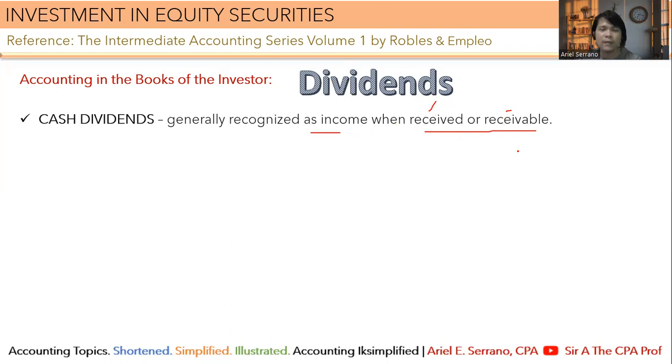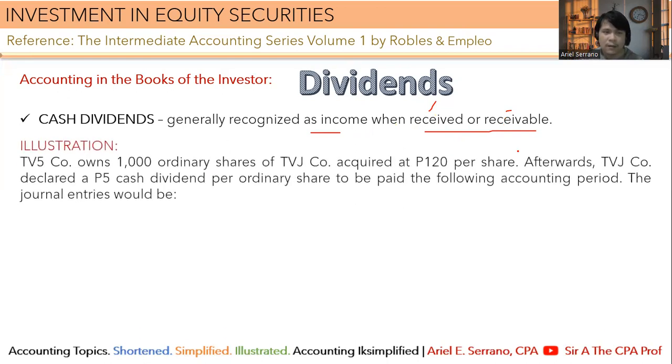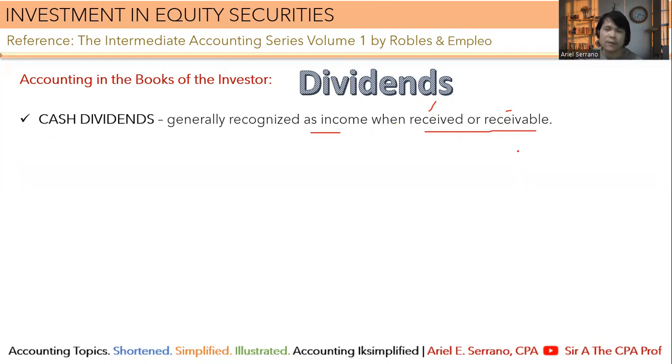Meron tayong timing difference. And normally naman kasi class, meron tayong tatlong klase ng dates na kailangan nating i-consider. And normally, the date of declaration is not the same with the date of payment. Meron pa nga tayong date of record.